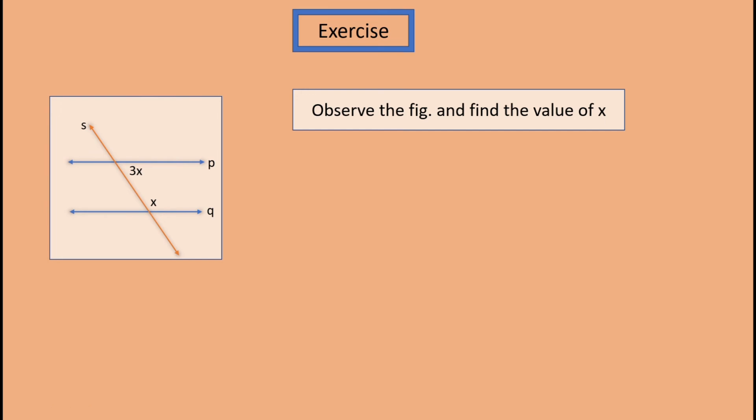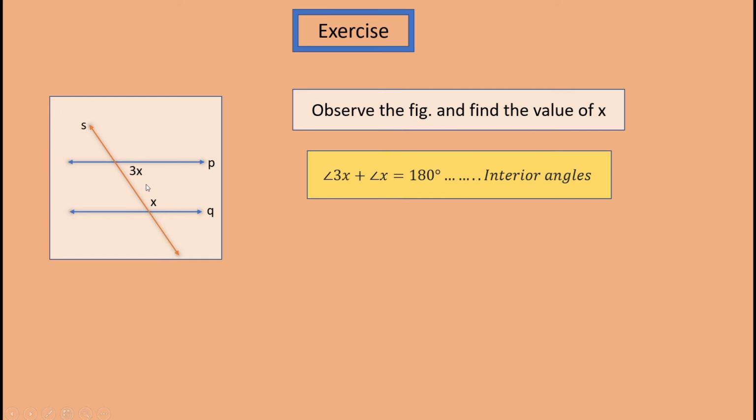If we observe this figure, we can say that the angles 3x and x are the interior angles made by the two parallel lines and one transversal, and we know the property: the interior angles are supplementary. From this property we can write down the equation as angle 3x plus angle x is equal to 180 degrees. Which property is used here?